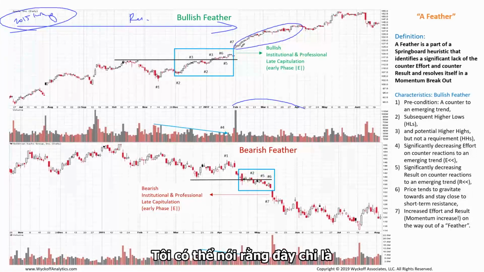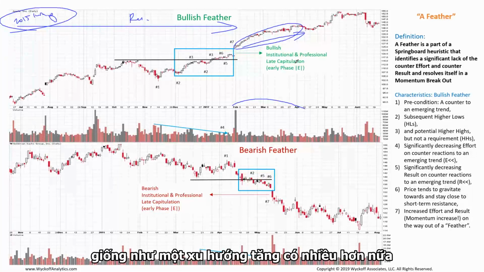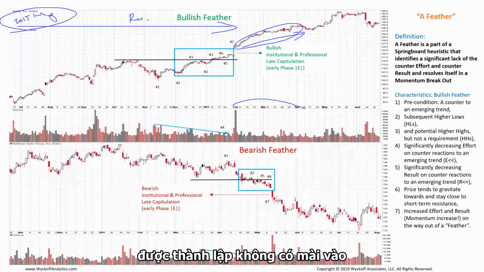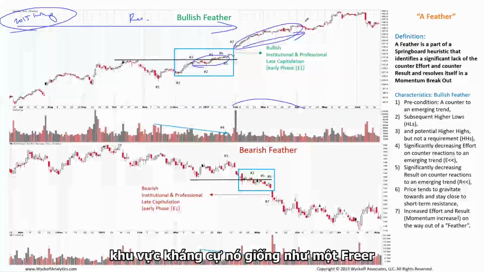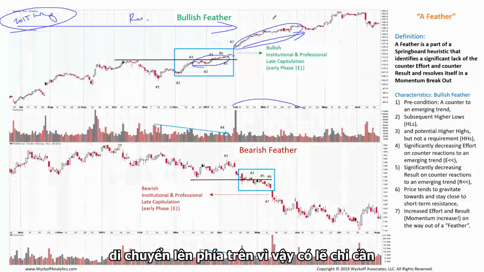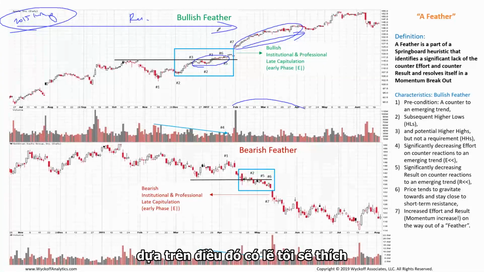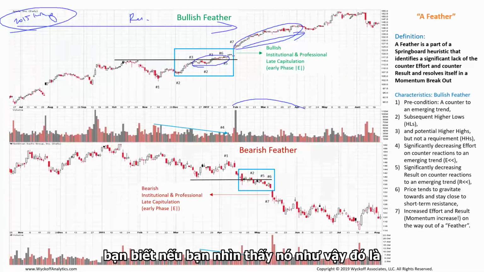I would say that this is just an uptrend. It's more established. There is no grinding into the resistance area. It's more of a freer move to the upside. So probably just based on that, maybe I would not exactly say this, but if you see it like that, that's totally fine.